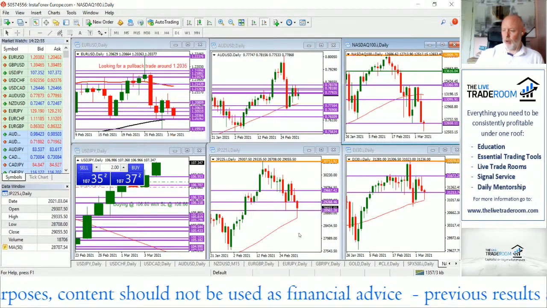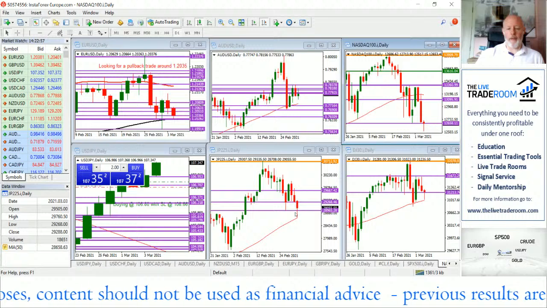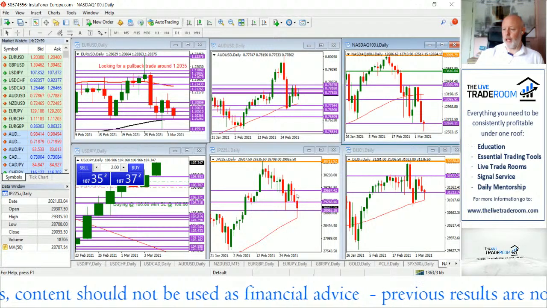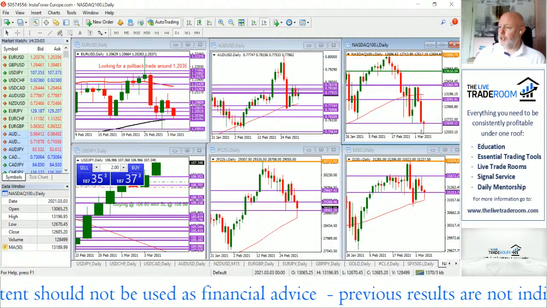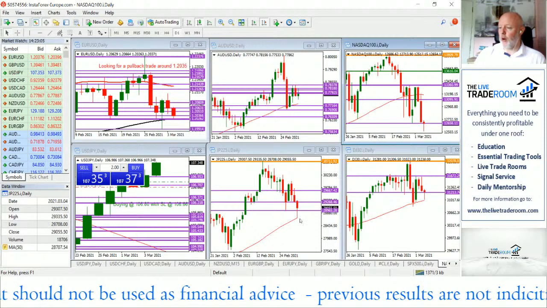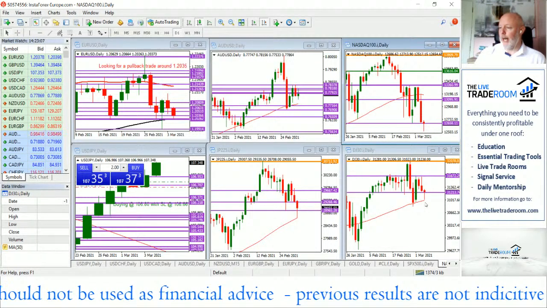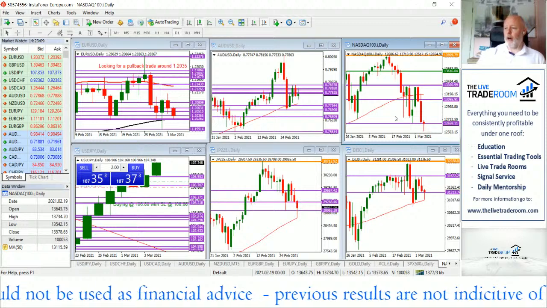And actually we saw a move over the Asian session where we saw the markets continue to the downside. But it's quite interesting to note that we do have quite strong levels of support, and the market has reacted off those levels.